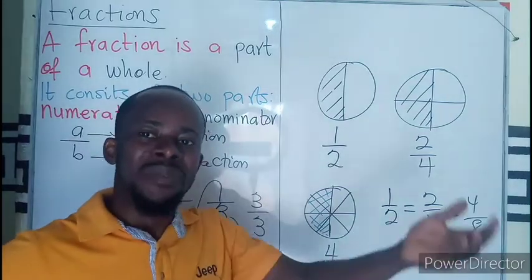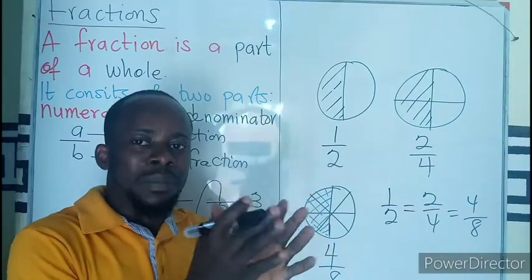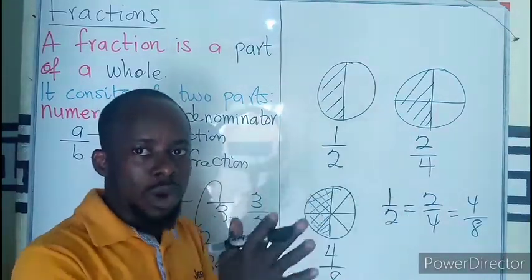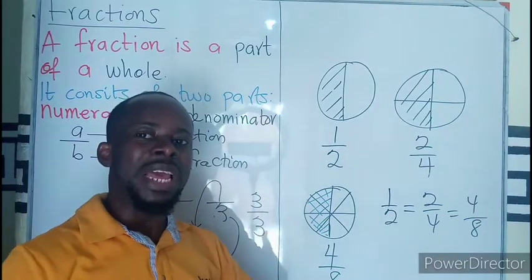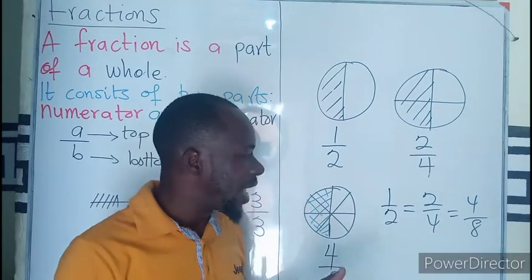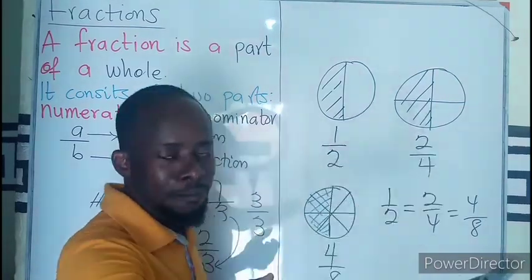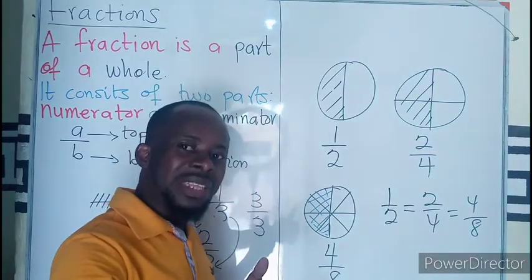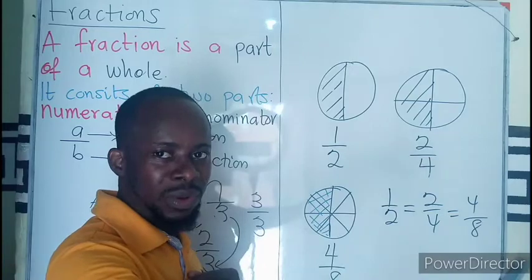Fractions can be equivalent, meaning no matter how the division, if they are equal parts to each other, we refer to that as what? They are equivalent. It is only a matter of a factor, meaning there is a factor multiplying one of the fractions to produce the other. In this case, there is a factor multiplying the smaller fraction to give us the bigger fraction.